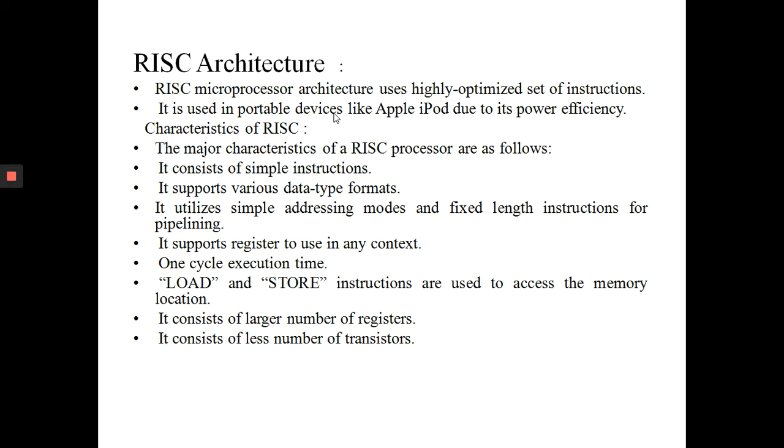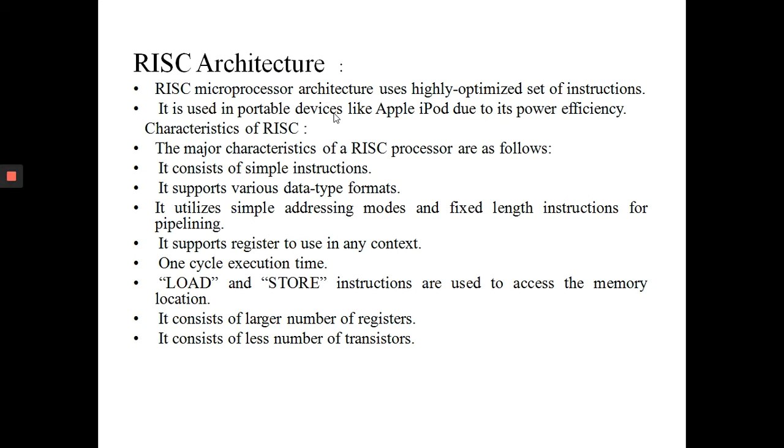Characteristics of RISC architecture. The major characteristics of RISC processors are: it consists of simple instructions, it supports various data type formats, it utilizes simple address modes and fixed length instructions for pipelining.